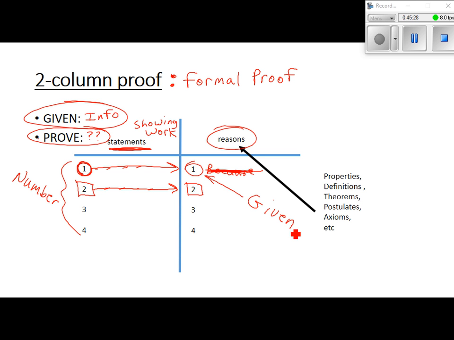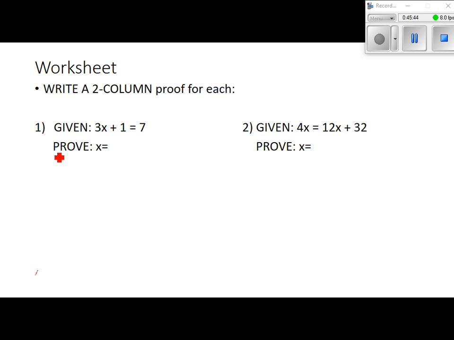Whatever we're starting with, whatever we know to start. So a reason could be given. Now, can every reason be given? No. If it was, then you wouldn't have much of an argument. It'd be a stupid thing to be even arguing if it was all just given to you. On the worksheet, that's the second page there.